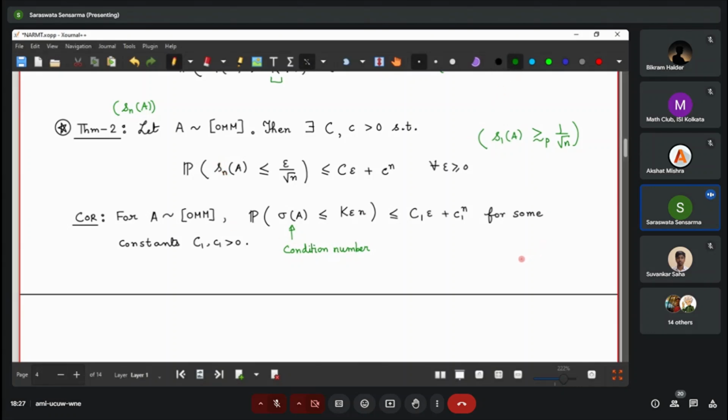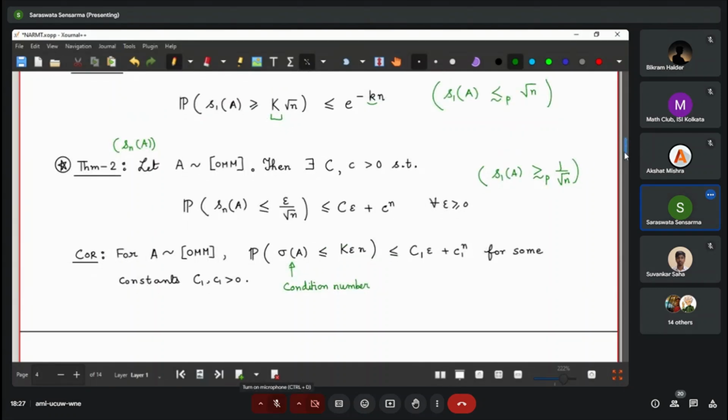So we would get bounds on the condition number, and that would help us with our linear algebra algorithms that we have not talked about and that we will not talk about. But yes, we will talk about these bounds.